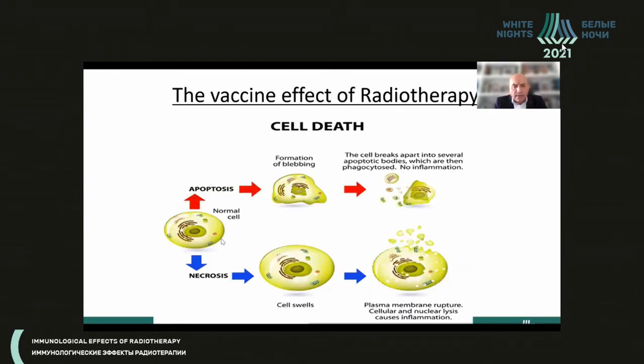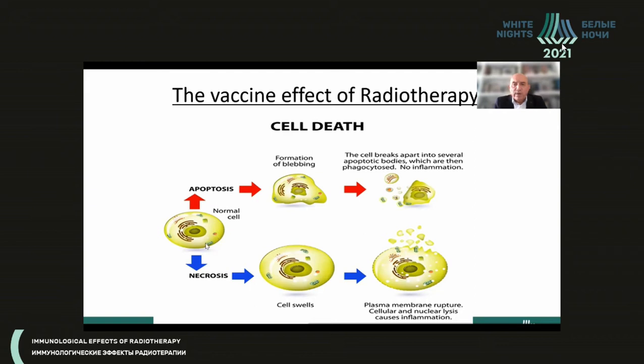But, and this is the most important slide in my presentation, the most important factors related with the radioimmunotherapy response depend on the dose of radiotherapy given per fraction, the size of the volume that we treat or irradiate, and the time when we use it.